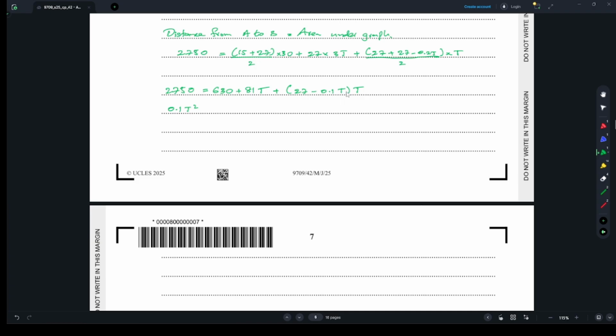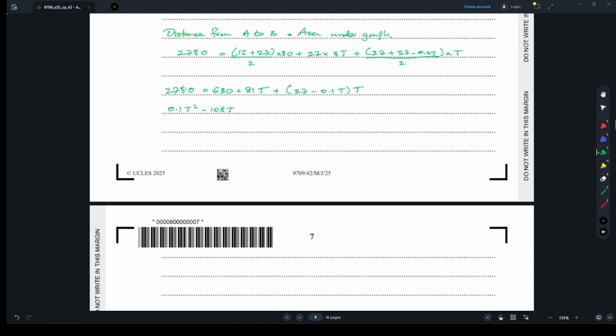And then I have here 27 times t, so 27t, and plus 81t, which is 108t. So I will bring it to the other side, so it's minus 180.